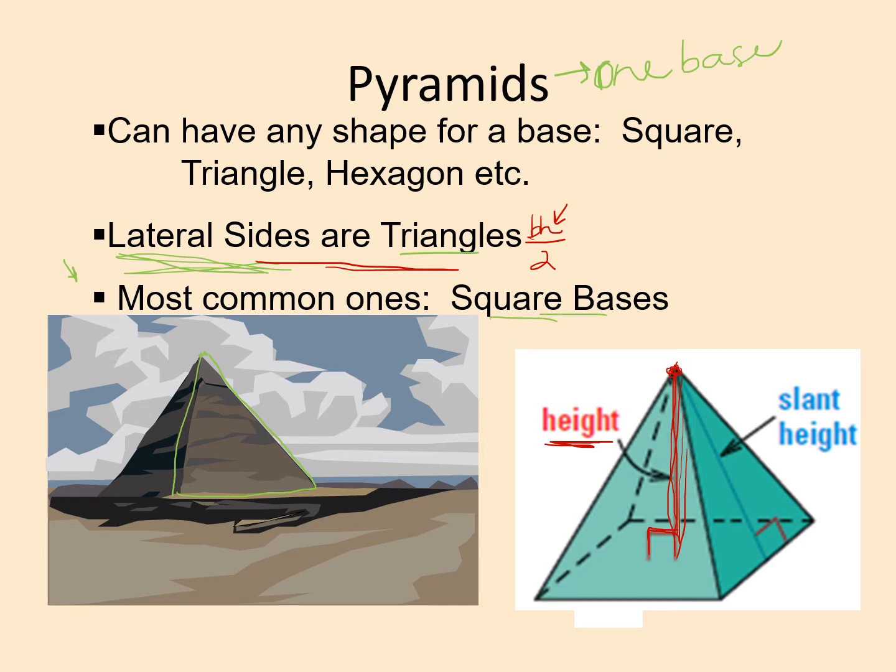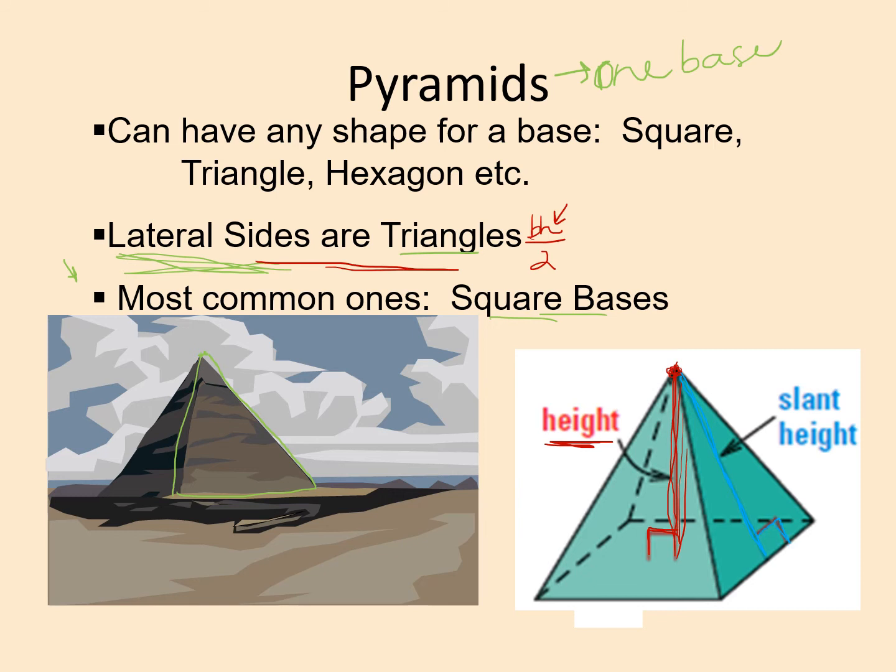So when you look here in blue, this slant height that we're talking about, the slant height is the height that is on the side triangle, so on that lateral side that we're talking about. It doesn't go straight down to the base, but it goes straight down to one of the sides of our bases, okay?